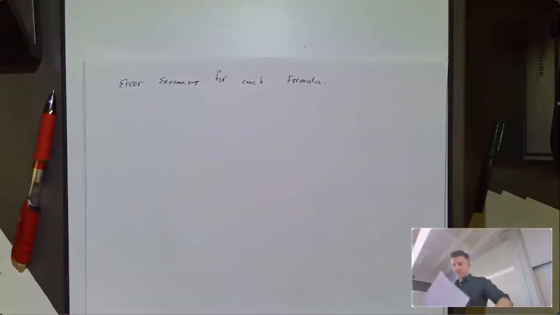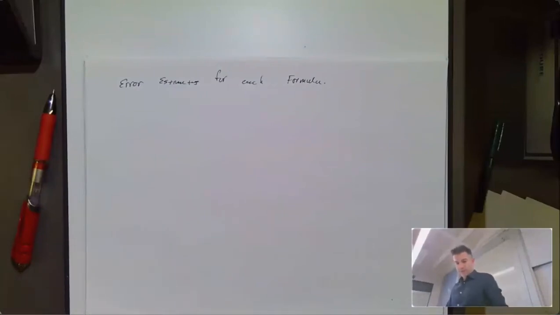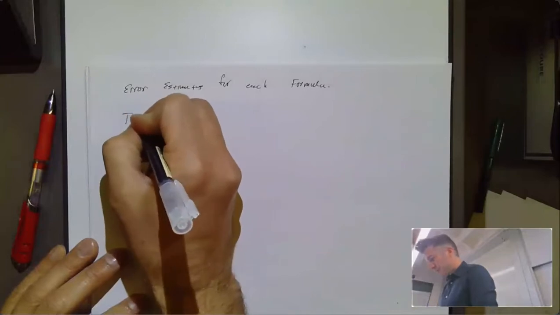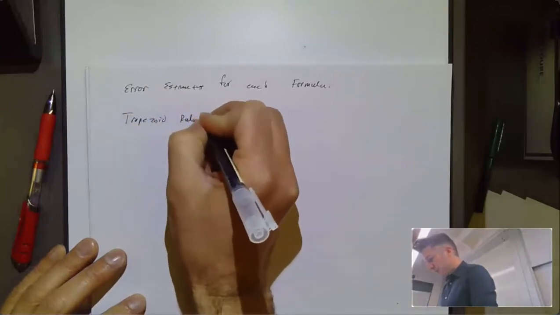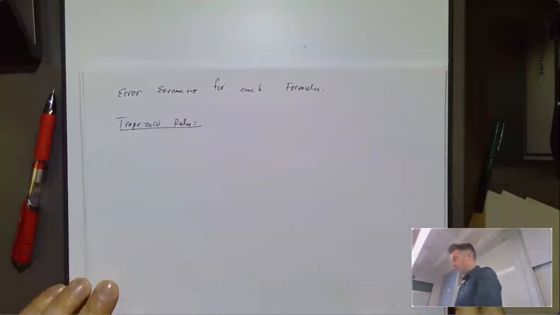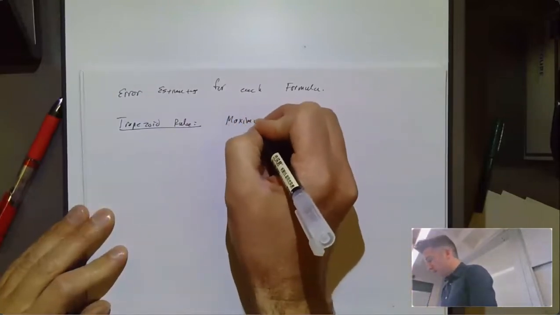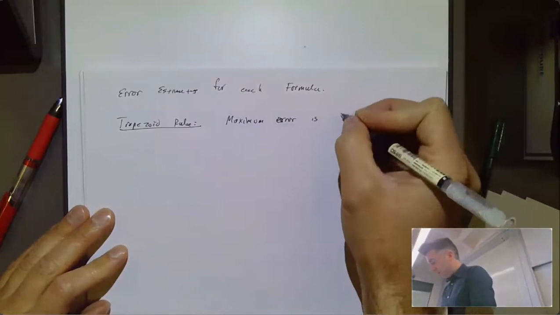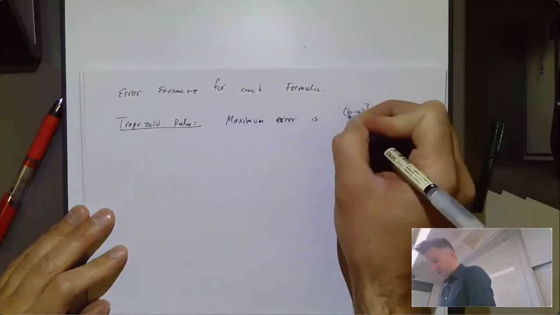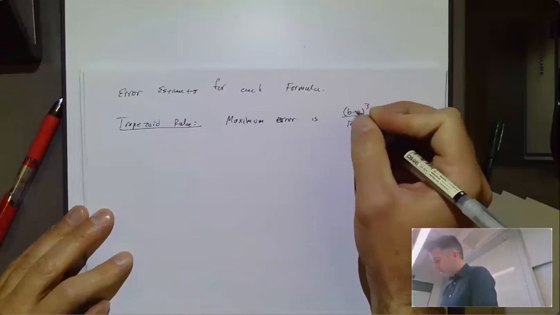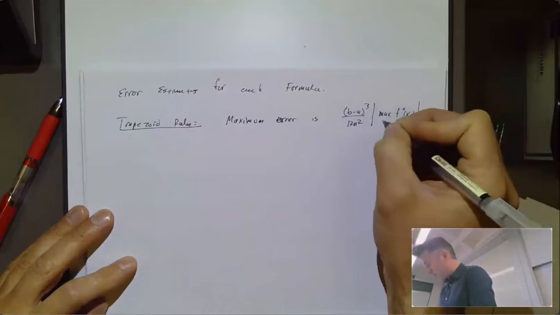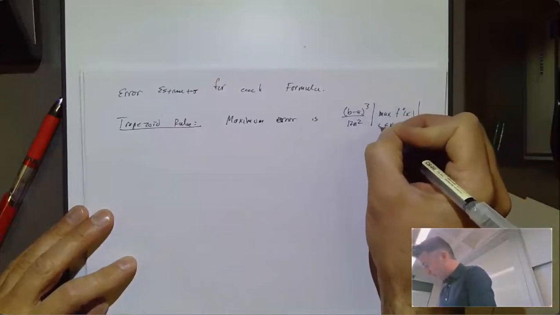Using the trapezoid rule, you can say that the maximum error is given by the following formula: b minus a cubed over 12n squared times the absolute value of the maximum of the second derivative of your function, where x is between your endpoints.